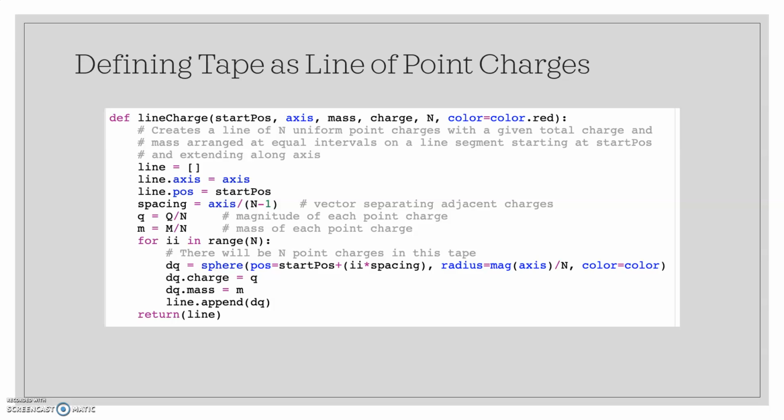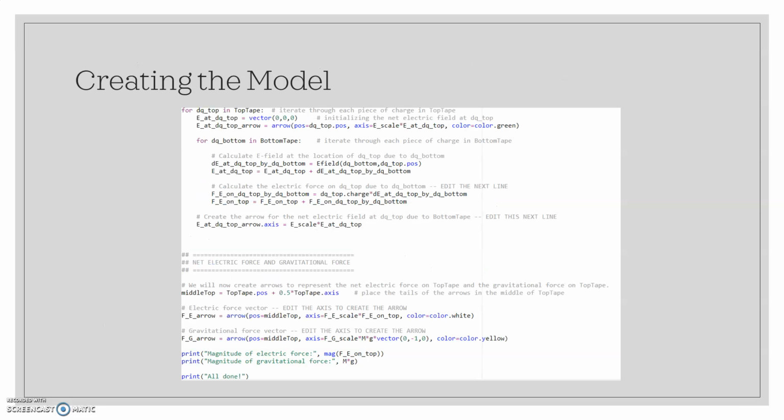A lot of this code was actually given to us. We were given more of a skeleton code and then just had to work through that and make additions here and there to make that code viable and make it represent the model we really wanted to represent. And then here we are actually creating the model.